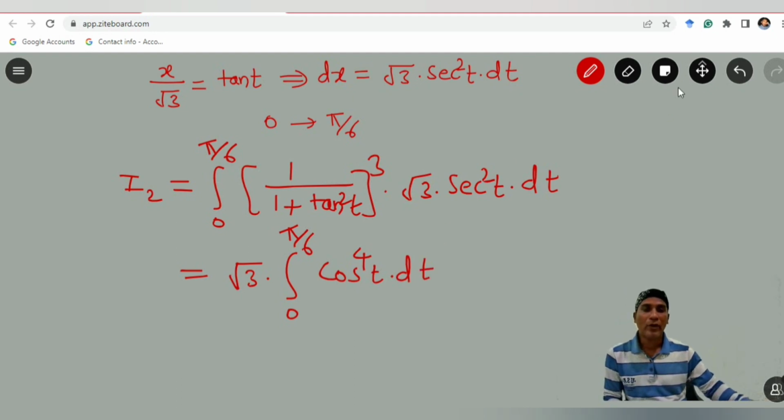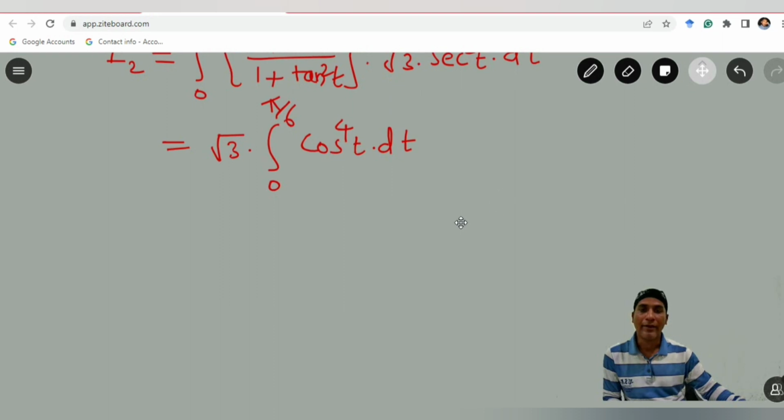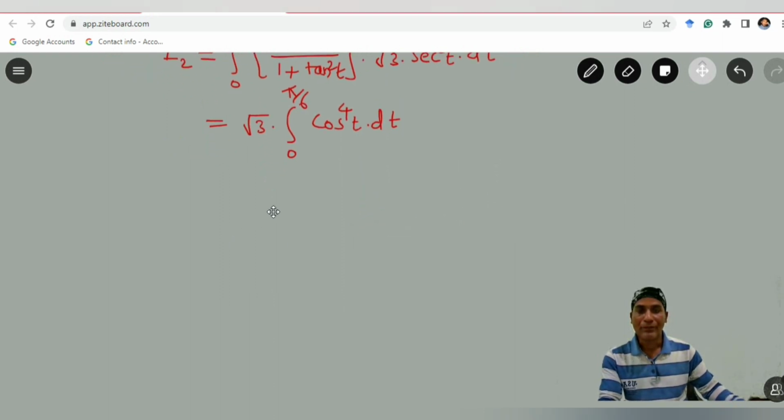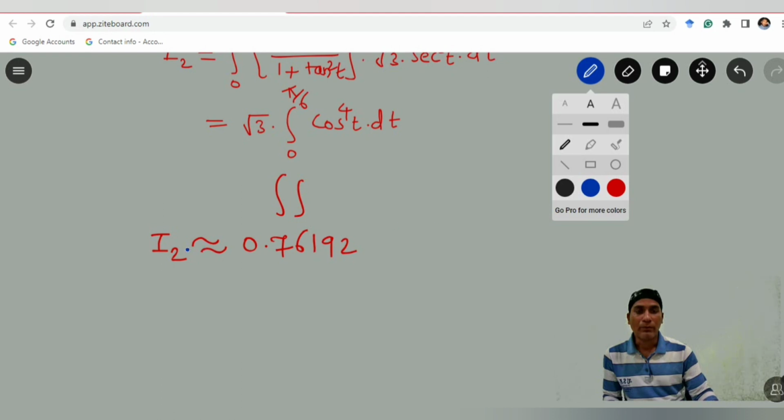Now you can observe that this is a very elementary integral and there is no issue evaluating it. So I leave it and directly write the value of I2. I2 is approximately equal to 0.76192. Thus we have got both the values of I1 and I2.